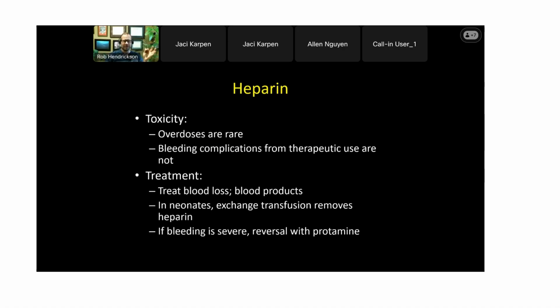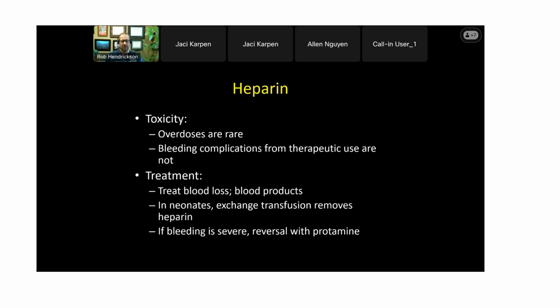Now, overdoses of either of these are extremely uncommon. Challenge accepted. There's going to be one person out there injecting themselves with lots, but they're very rare. But bleeding complications from therapeutic use are not. If you are trying to make someone coagulate less, and you are successful, then if they fall down and hit their head, they're going to have bleeding.